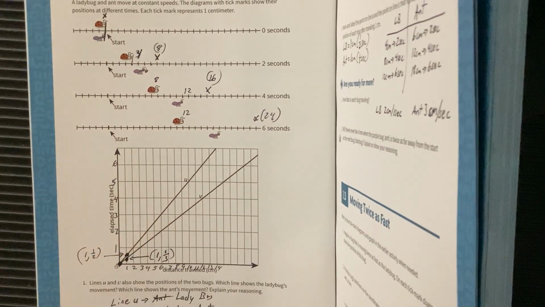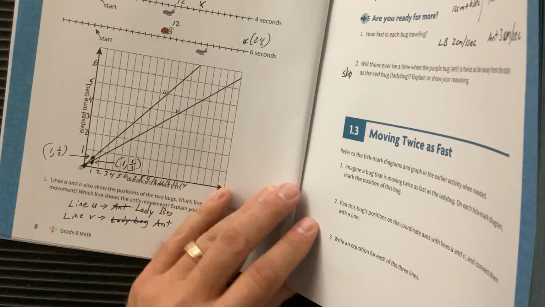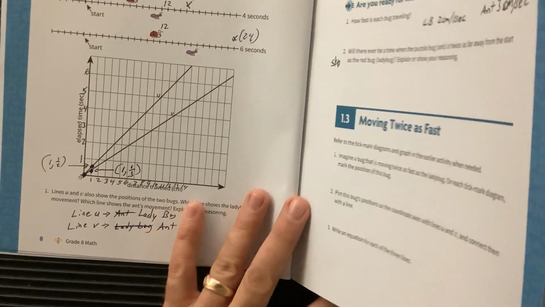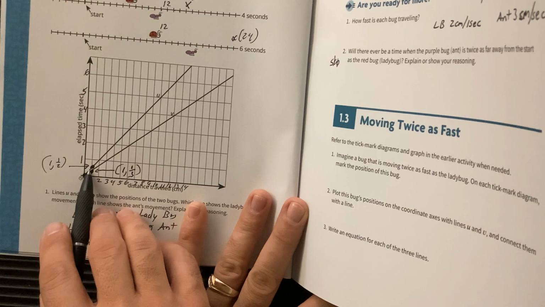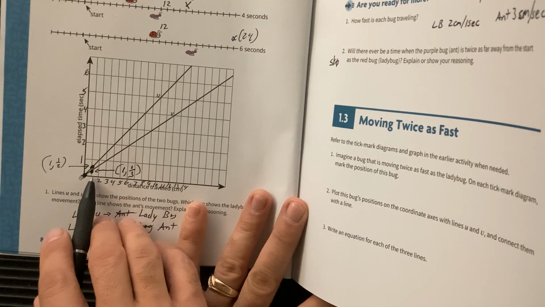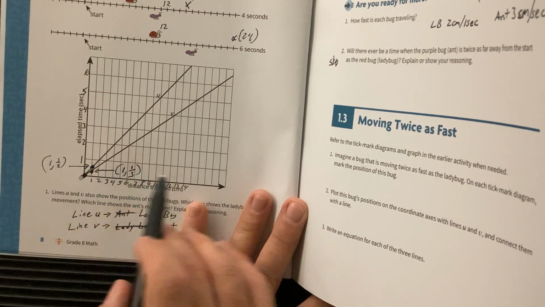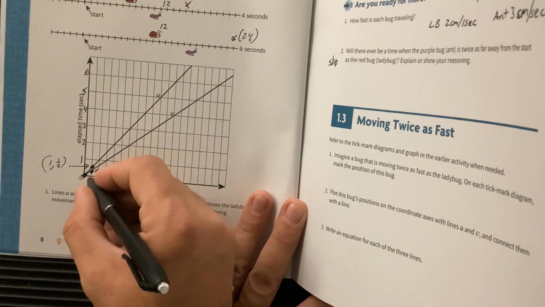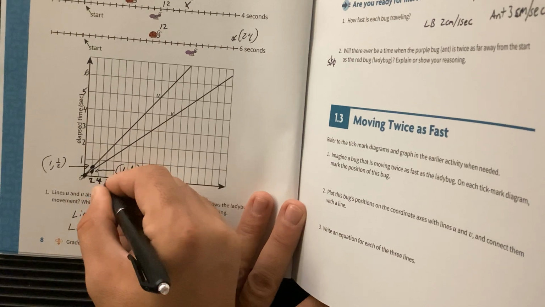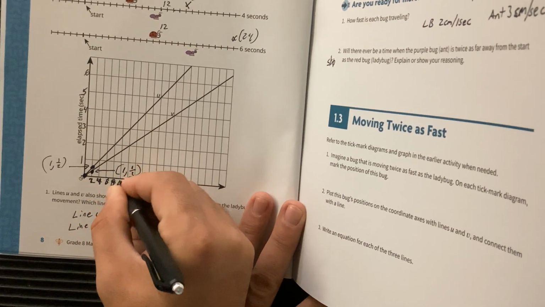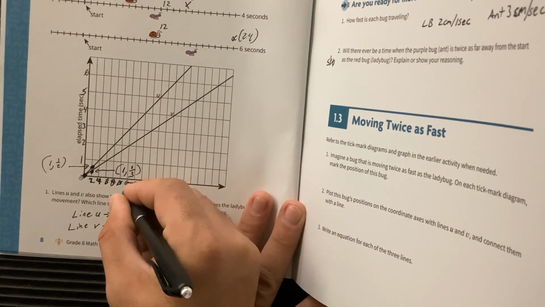Distance. Okay, so let's plot it. 0.5. The first one, 1 second, instead of being at 4, let's see, where's the ladybug here? Ladybug was here, so they must have gone by 2s, because that should be 4. I'll fix that. Going by 2s on the bottom.